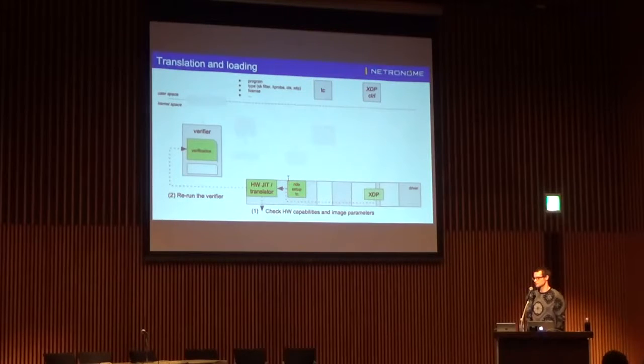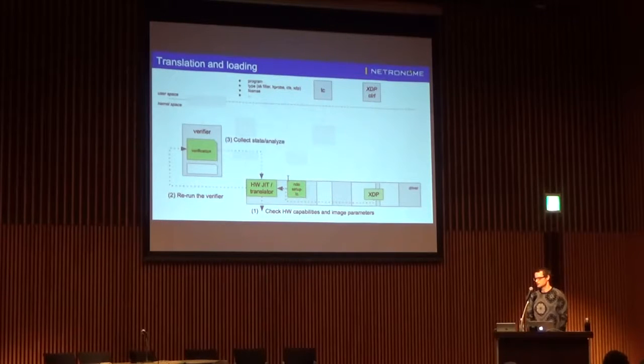And we also exposed the verifier state so that we can basically from the driver side see what the verifier is processing. And we give the verifier a callback which is invoked for every instruction that the verifier traverses. And this way we can basically use the verifier to perform driver-specific checks. So we use that to check whether we will be able to offload the program, whether the hardware will be capable of handling it.